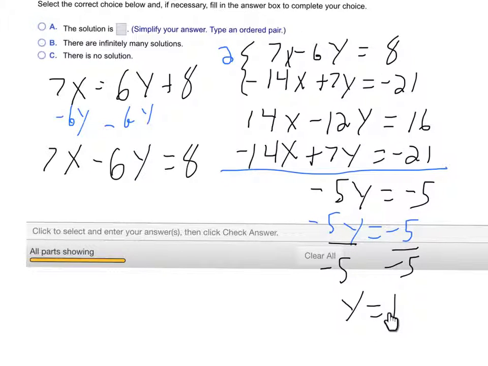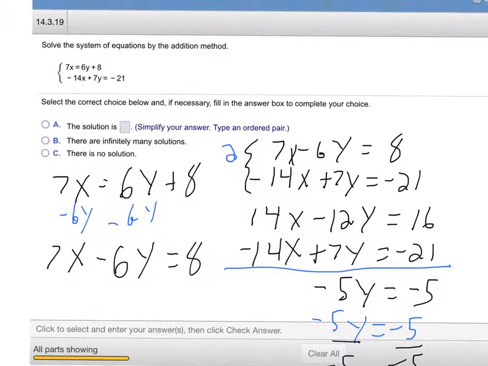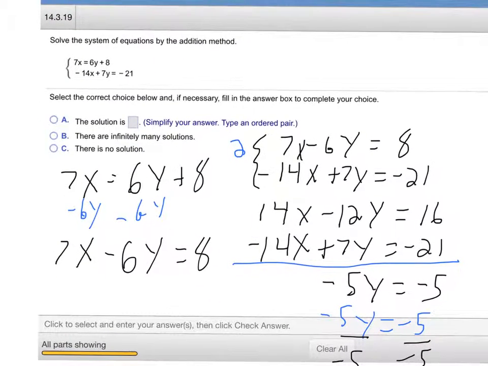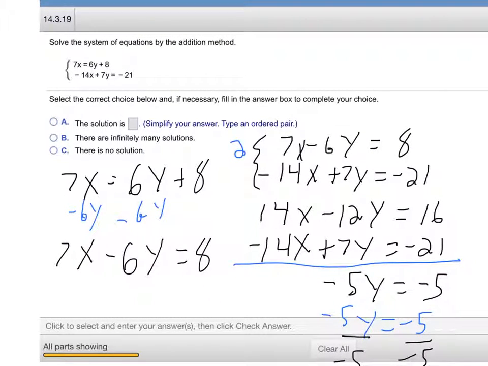Nice, pretty answer. Now I take that answer and substitute back in any of these places to find the value of x. It really doesn't matter where you substitute it in. I'll just substitute it back in this very top one. I'll put in 1 for y.